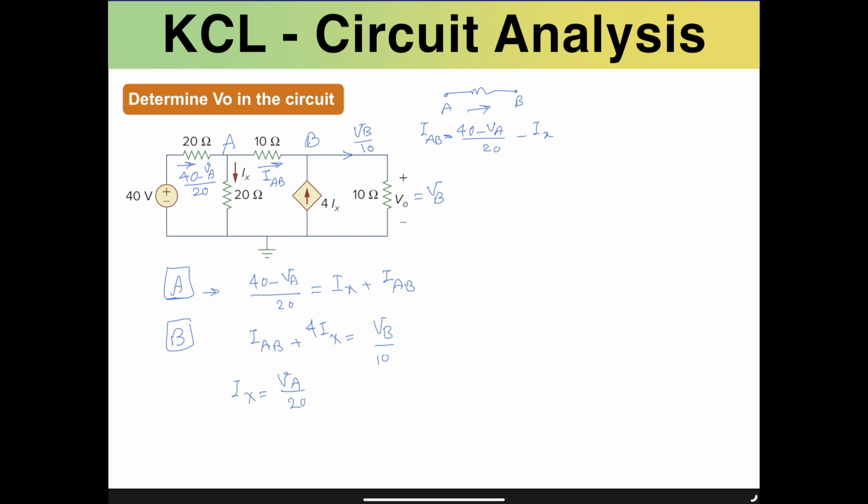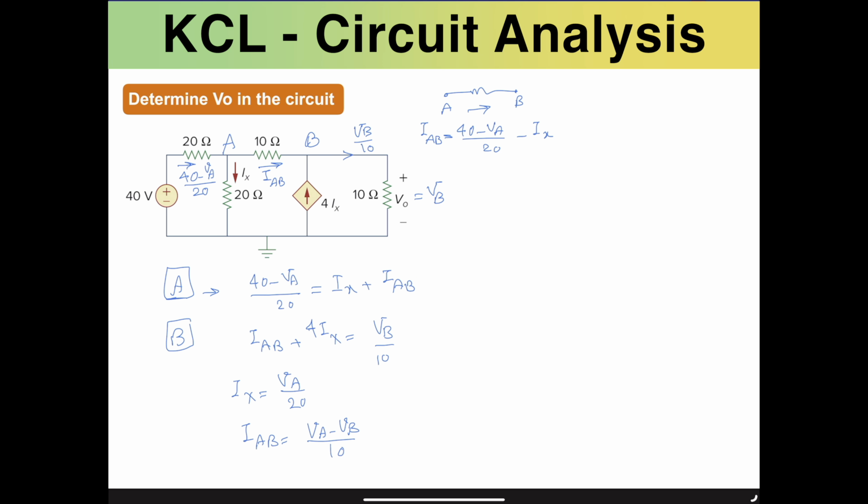IAB is simply the subtraction of this current and this current. However, IAB can also be evaluated with respect to the voltage drop across this resistance, which is simply VA minus VB. So we have IAB equals VA minus VB divided by 10 ohms as well. That's how we get 4 different equations that will help us find the 4 unknown variables.